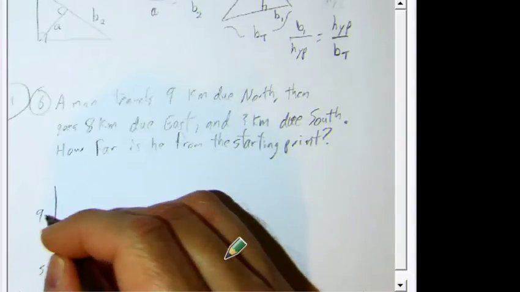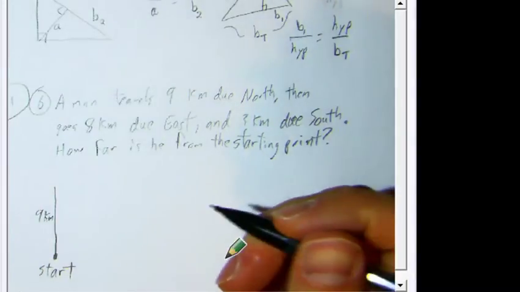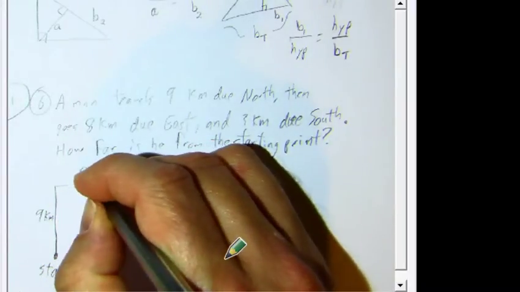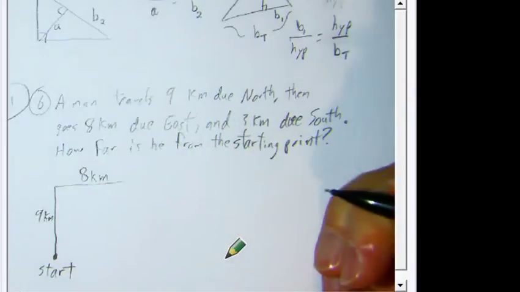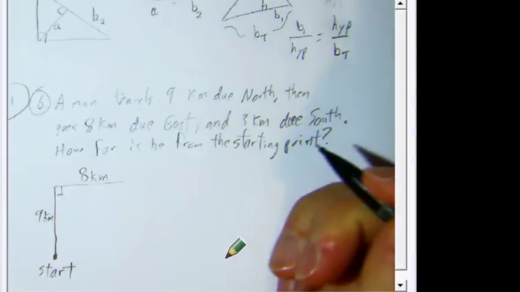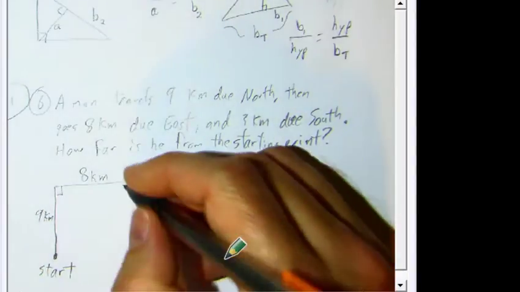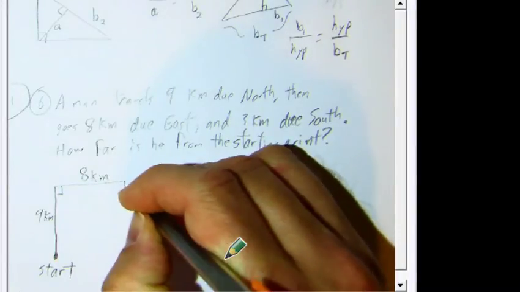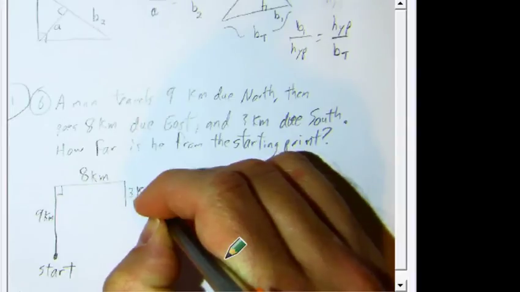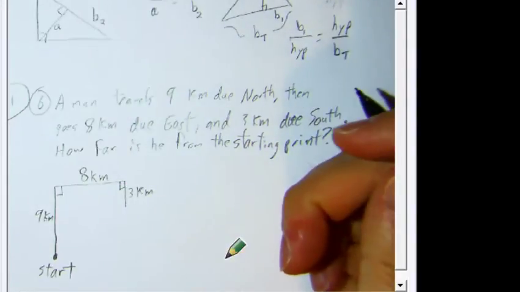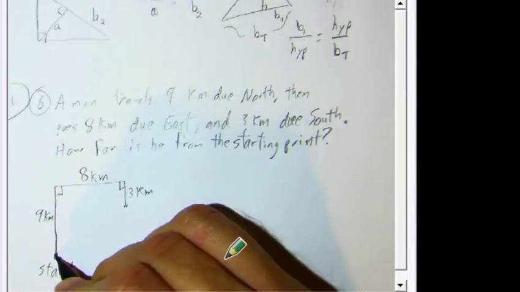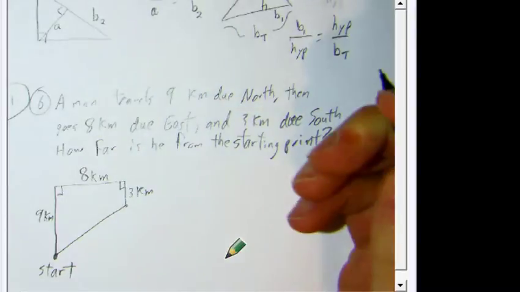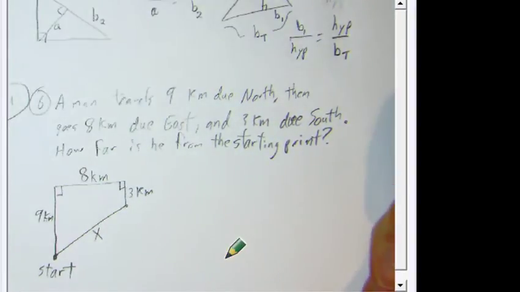Then he goes 8 kilometers east, so a little shorter, and we'll use right to be east. Now east and north are at a 90-degree angle. Then it says 3 kilometers south, so that'll be shorter and be here. That's also 90 degrees. How far is he now from the starting point? So then these two connect right here. Okay, so this is what we're looking for.